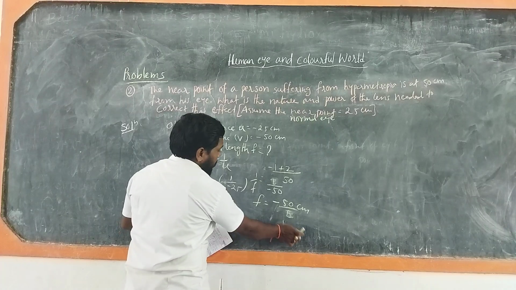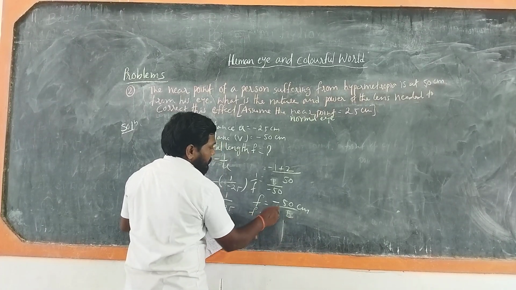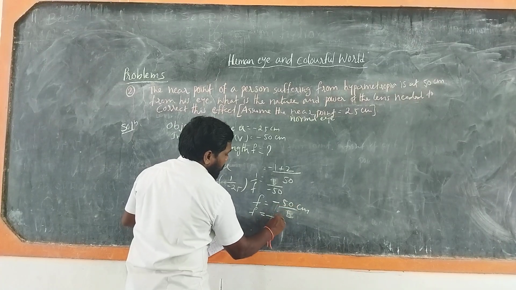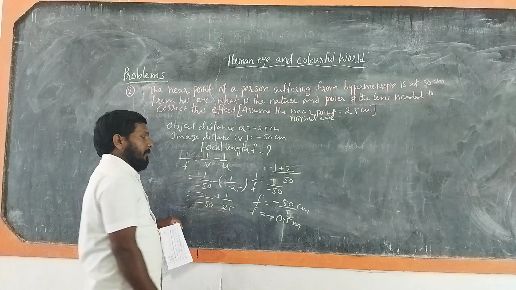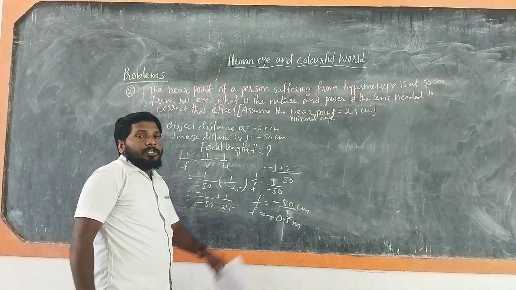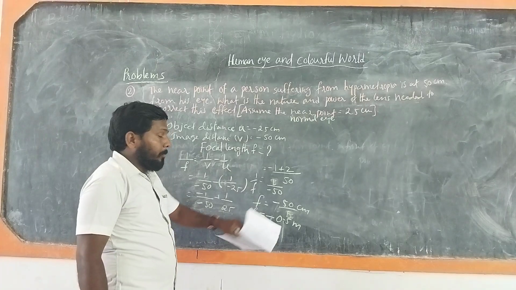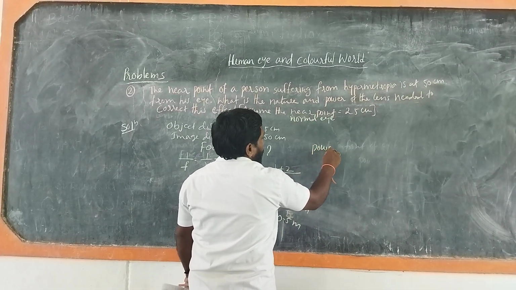So this can be written as 50 centimeters is equal to 0.5 meters. So the focal length of the lens is 0.5 meters.